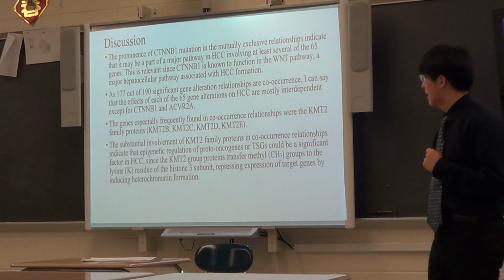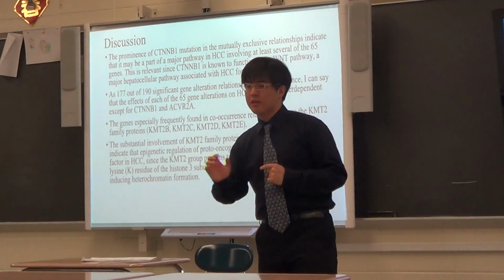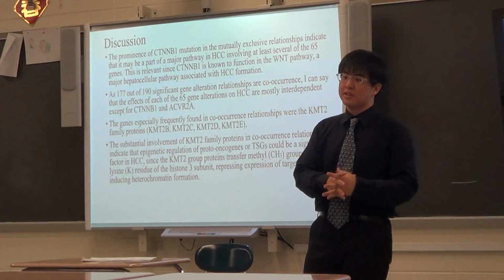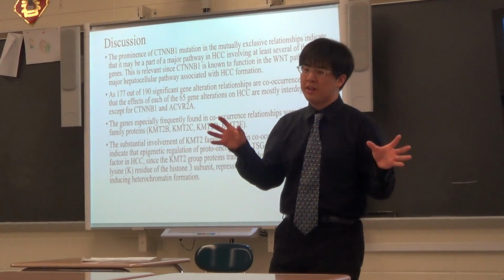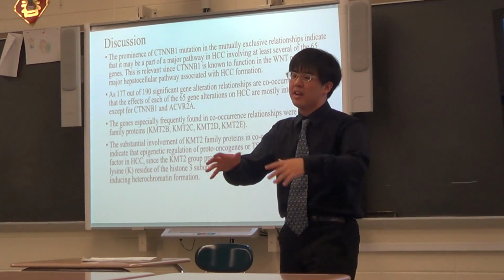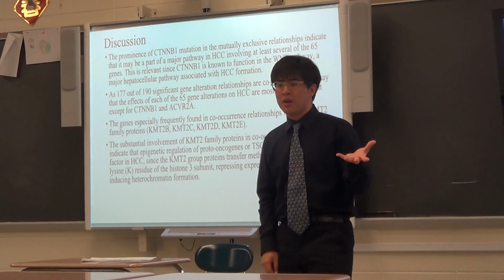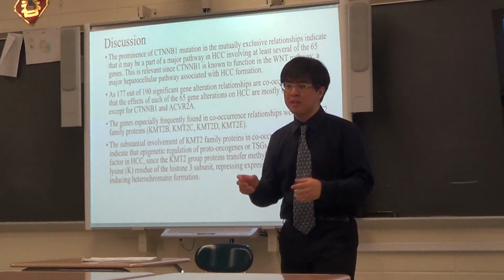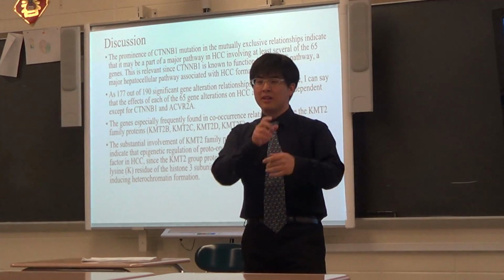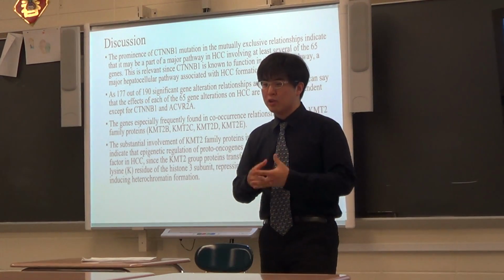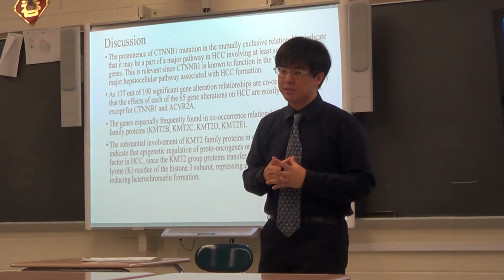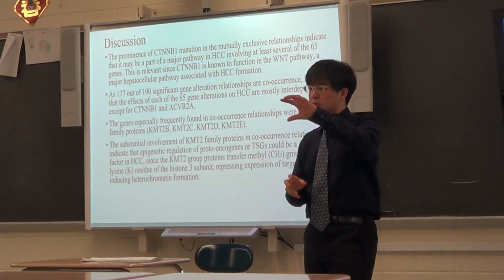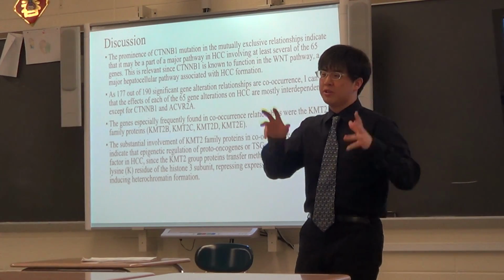So, discussion. The prominence of CTNNB1, or beta-catenin 1 gene, in the results for mutually exclusive relationships actually helped to validate most of my other results, because the beta-catenin 1 gene is already known to be a very significant constituent of the WNT pathway, which has been mentioned in the previous presentation by Helen, and also in other scholarly papers, to be a very important driver of liver cancer, and is associated with a lot of other genes in the major pathway of liver cancer.